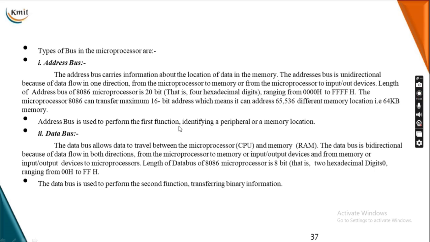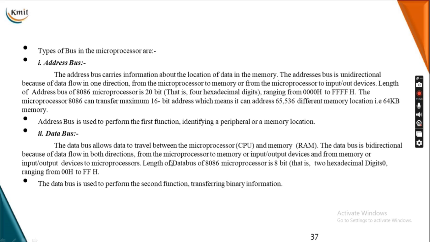Next, second thing is data bus. Now what will the data bus do? It allows the data to travel between the microprocessor and the memory. So it is bidirectional. You can write the data into the microprocessor from memory or from memory to microprocessor.